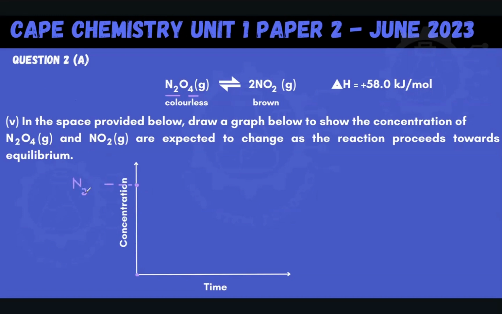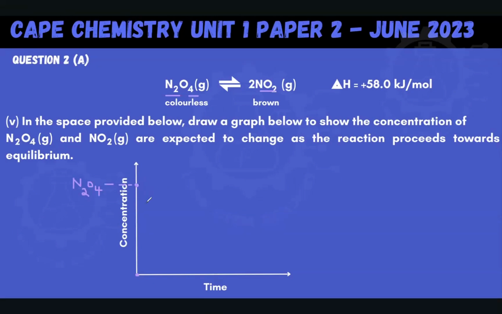I'm starting with N2O4, so I have only N2O4 at t equal to 0, and I have no NO2. So NO2 is 0 and N2O4 has a value. Whatever that value was, they didn't tell us that, but we know that it exists at a particular concentration.